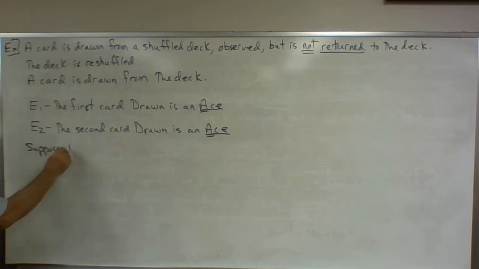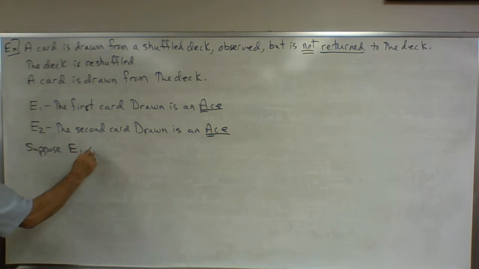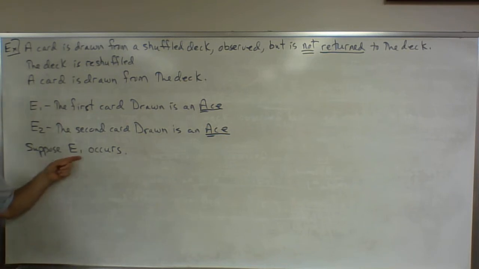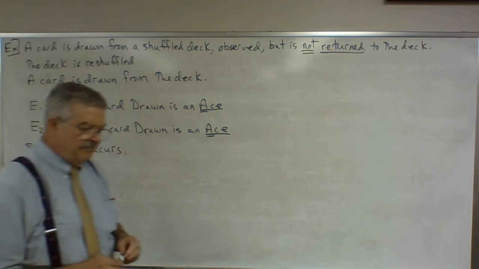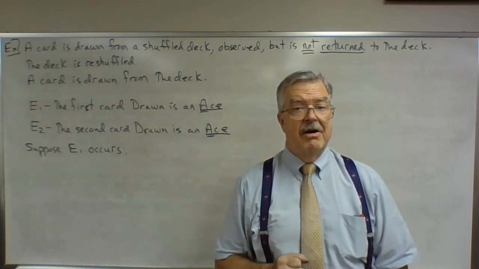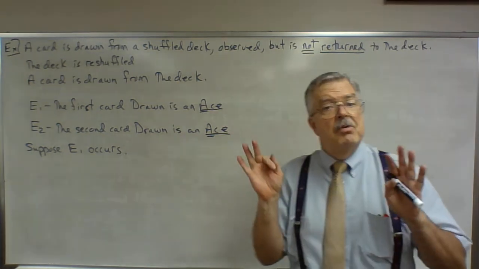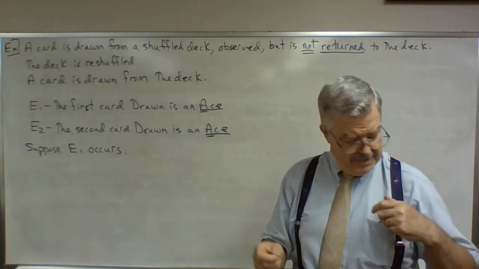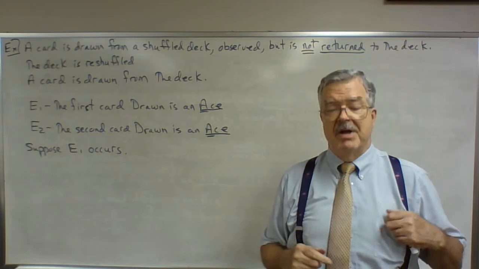Suppose that E1 occurs. In other words, we draw a card from the deck and that card is an ace. We don't put the card back in the deck. We take that card, we stick it in our pocket.